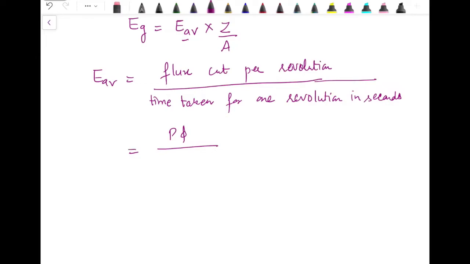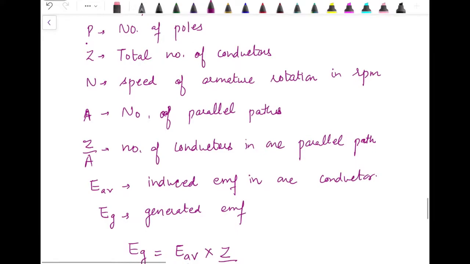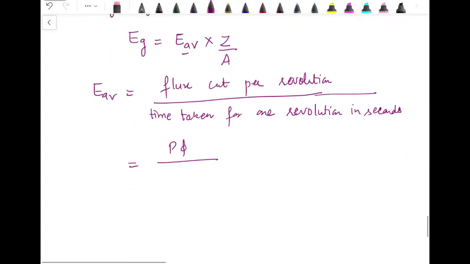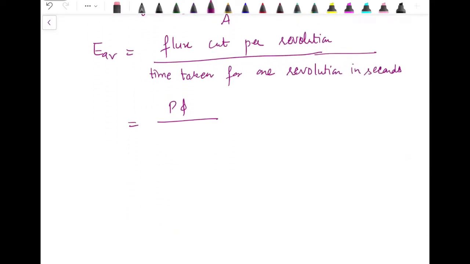And how much time is there, that we can calculate from the speed. Now the speed N is in revolutions per minute, so we have to calculate it in per second. So in per second it will be N by 60. Time taken for one revolution will be 1 upon N by 60, which gives us the value of E average as P phi N by 60.